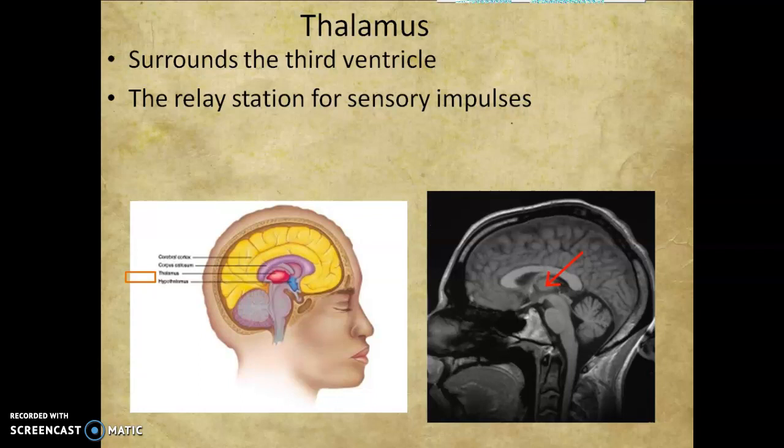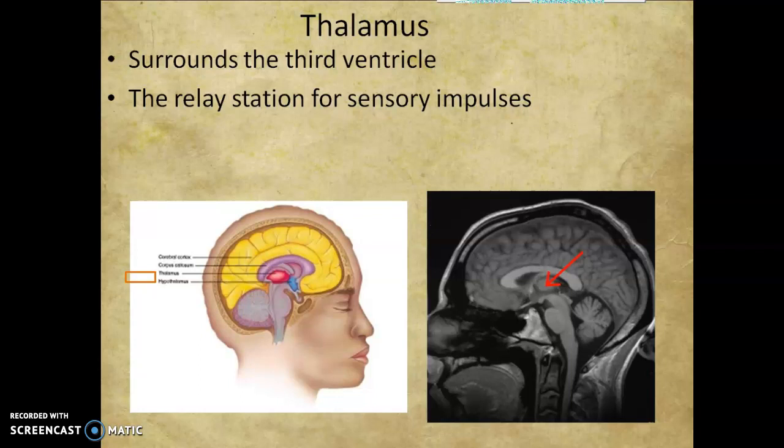All of the sensory messages that your body obtains through sight and smell and hearing and feeling and tasting are going to go through the thalamus before they go to other parts of the brain. In my mind, I think of the thalamus as like the train station or maybe the operator, because it's going to dictate where those messages go in the brain.